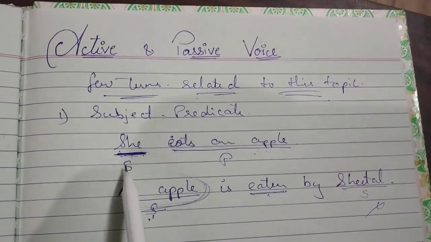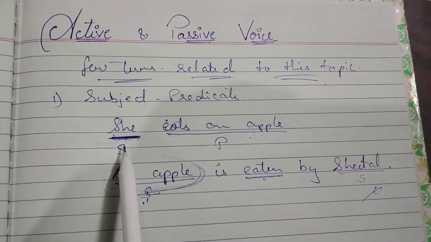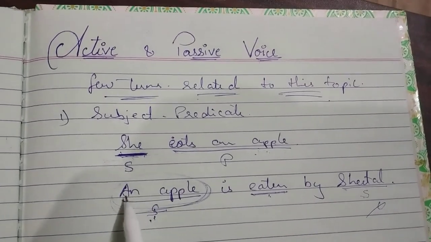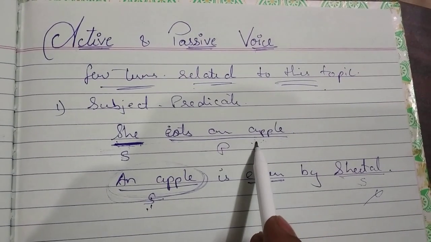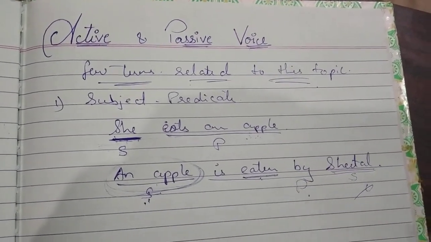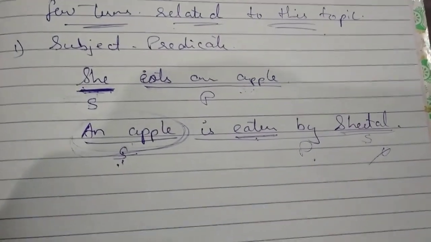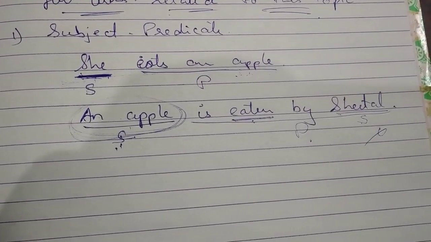Apple is not the subject, she is the subject. Clear? Because subject always comes at the beginning of the sentence. Okay. Now leaving the subject, the entire sentence is predicate. Clear? The entire sentence is predicate. You have to keep this in mind.